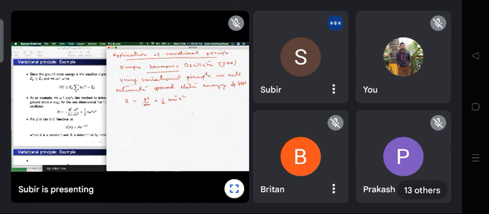Since we live in the position representation, the variation principle mostly works in the position representation. In position representation, this Hamiltonian, as we have already discussed at length, will be as follows. Remember, we are considering only a one-dimensional problem.